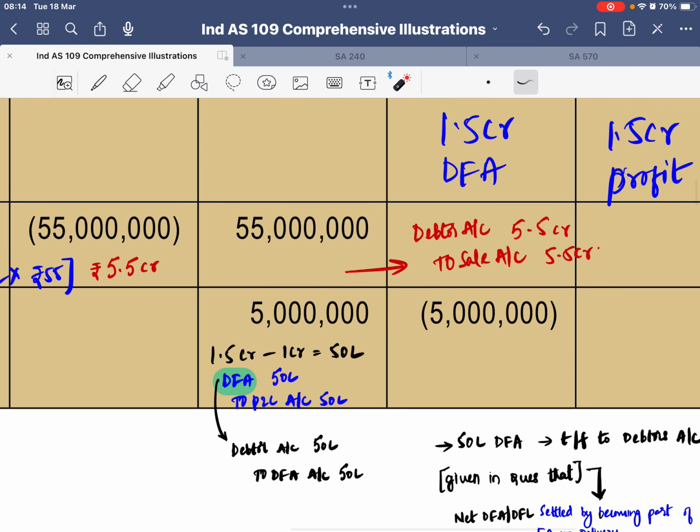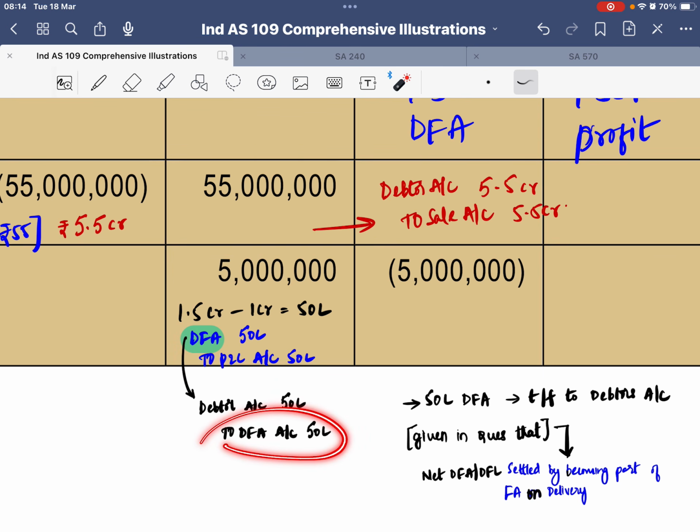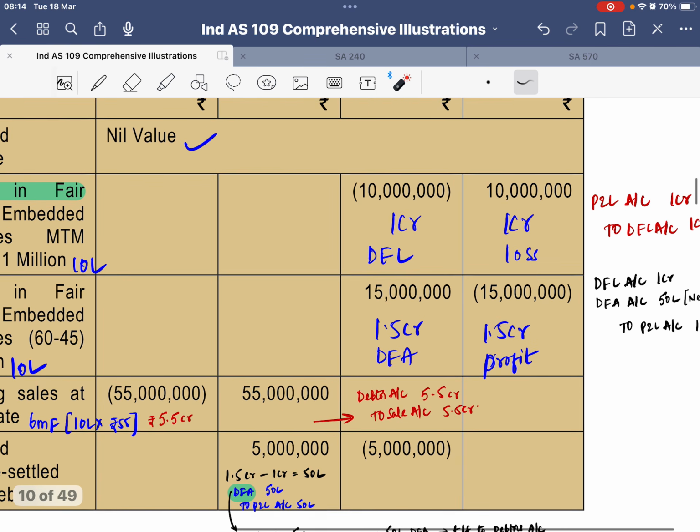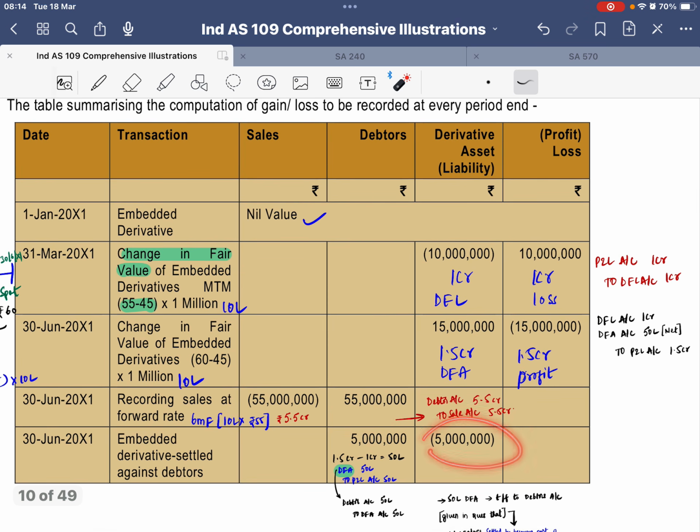Here, DFA account debit to PNL account, but since it was given in the question, this DFA or DFL net amount is settled by becoming part of the financial asset on delivery. Hence this DFA becomes debtors account debit to DFA account. Hence 50 lakh has been transferred to the debtors account and reduced from the DFA account.